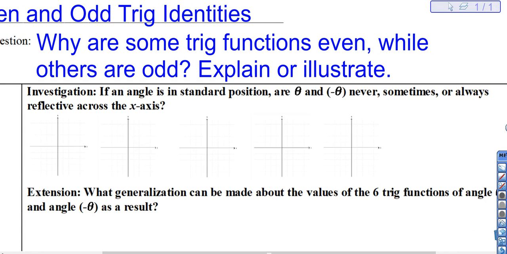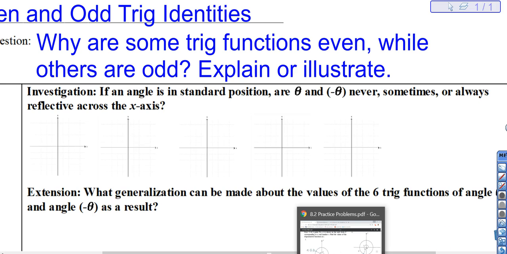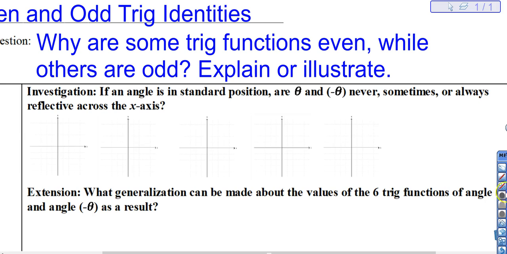So here's the investigation. If an angle is in standard position, are theta and negative theta never, sometimes, or always reflective across the x-axis? So we're just going to investigate all the different types of angles that we know. We'll start with acute angles. I will do my positive angle in blue and my negative angle in red.